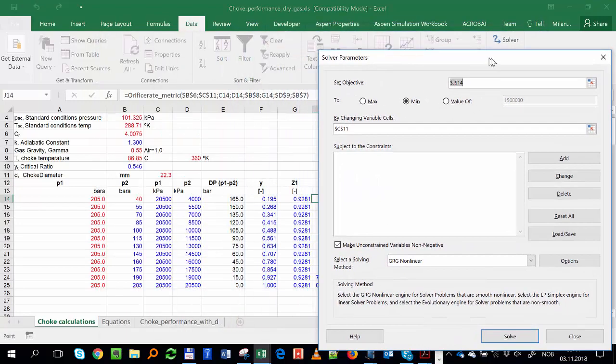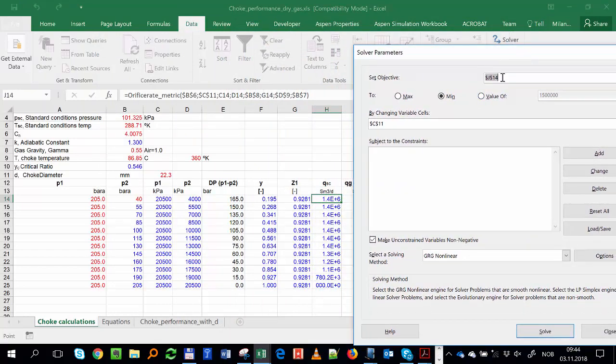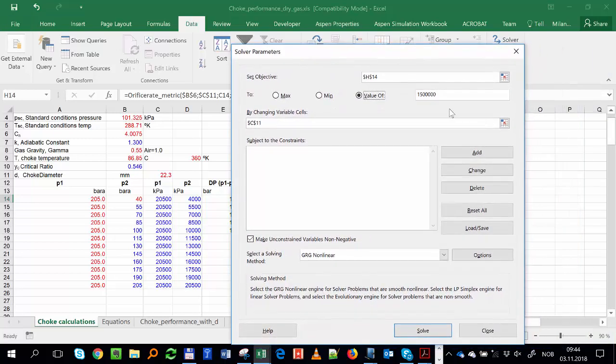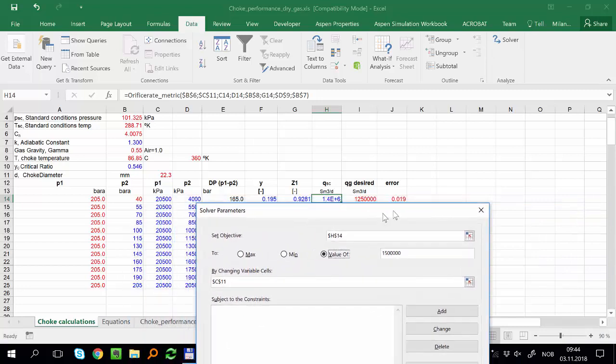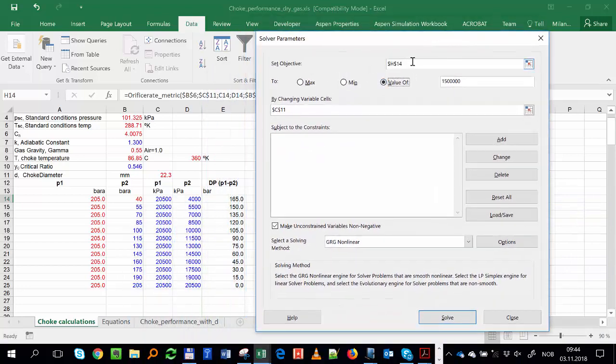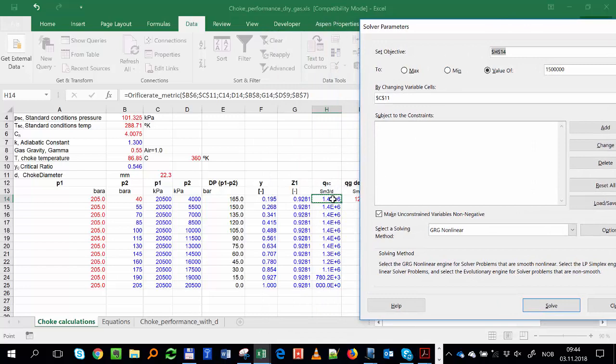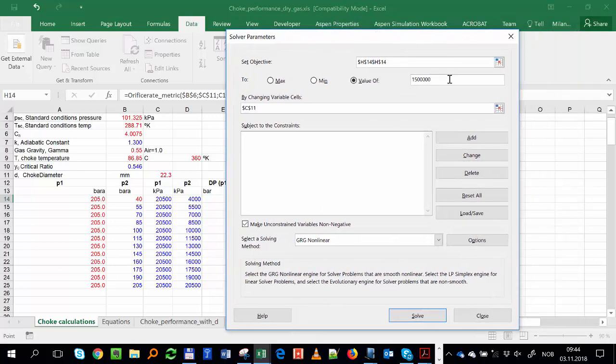I want to drive, so you open the solver. You say, I want to drive this number to a value of, instead of creating the error, instead of creating the desired, you just say, value of, I want to drive this number to a value of, and here you say 1,250,000, by changing the diameter.